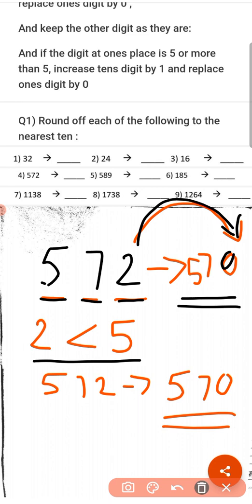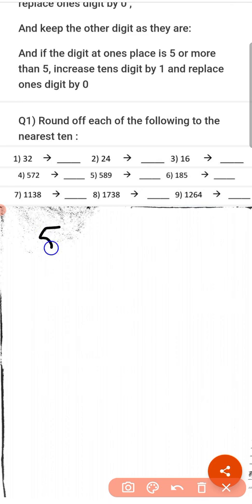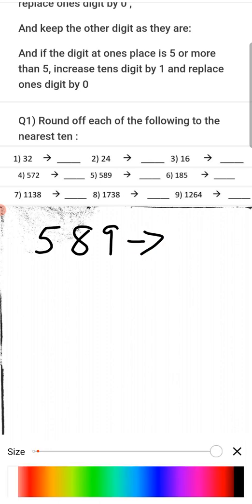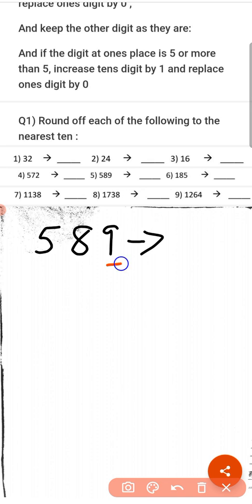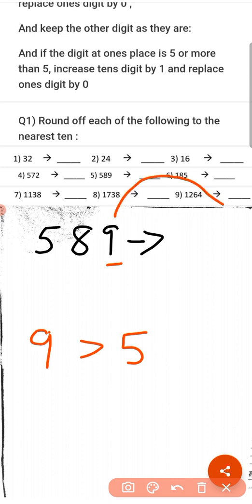Okay. Next number is 589. The 3-digit number. Same steps, children. Check the digit at the ones place, that is 9. 9 is more than 5. So, if the digit is more than 5, replace that digit by 0. 9 replace ചെയ്ത് 0 aki.